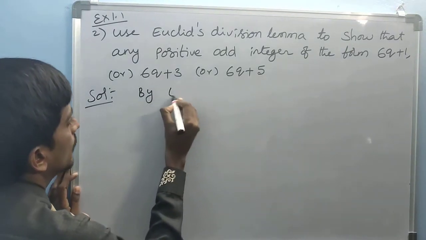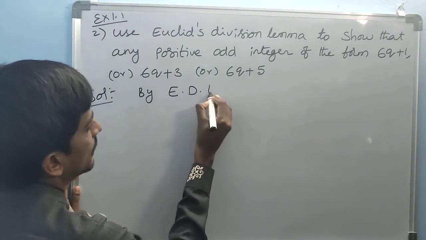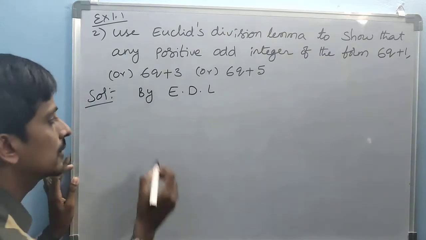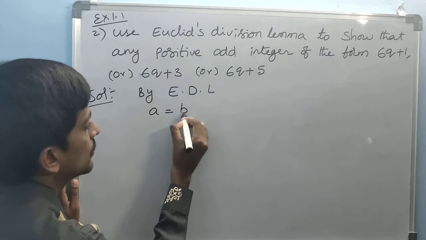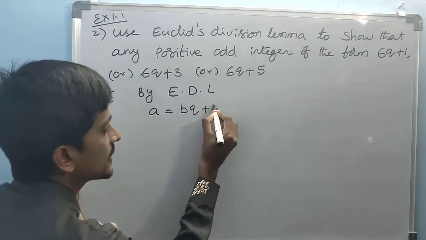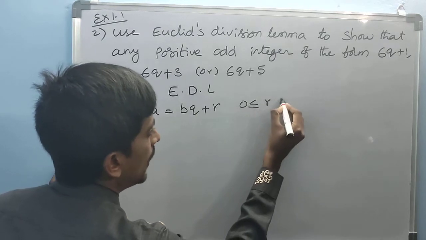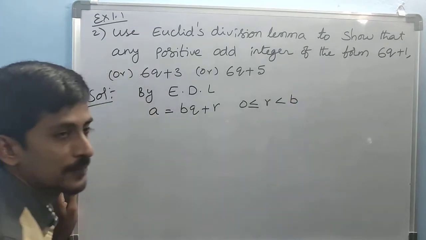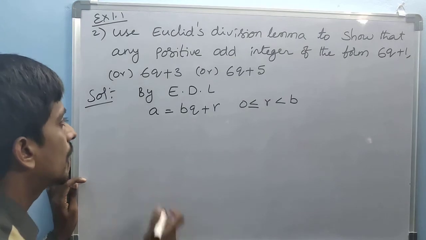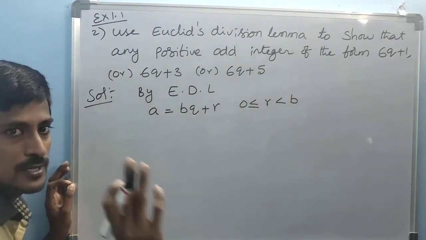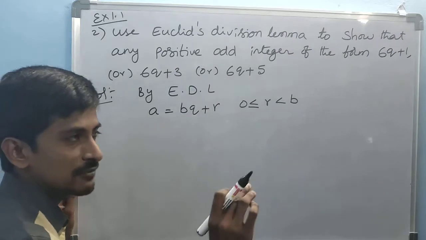By Euclid's division lemma, what is the general form? A equals BQ plus R, where 0 is less than or equal to R, less than B. So here, 6q plus 1, 6q plus 2, 6q plus 3, 6q plus 4 and so on.